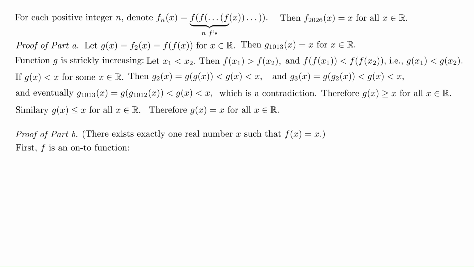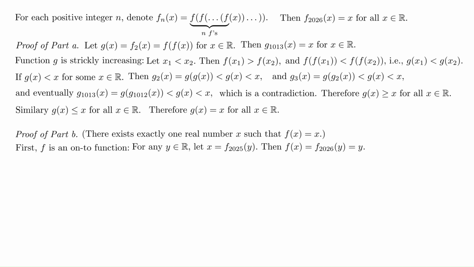First, f is an onto function. In other words, it is surjective. This is easy to verify. For any real number y, let x equals f^2025 of y.